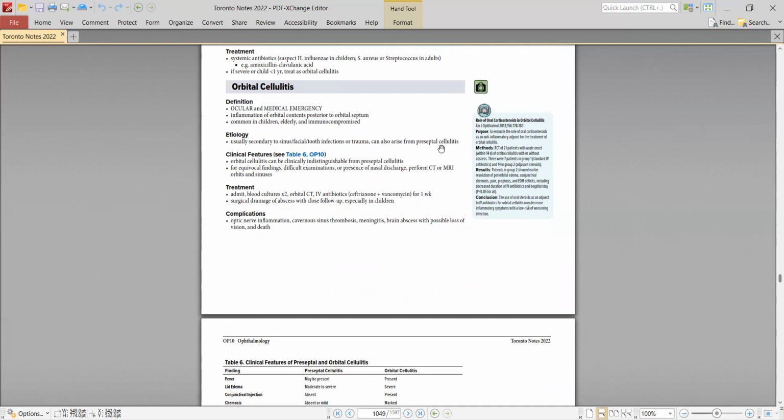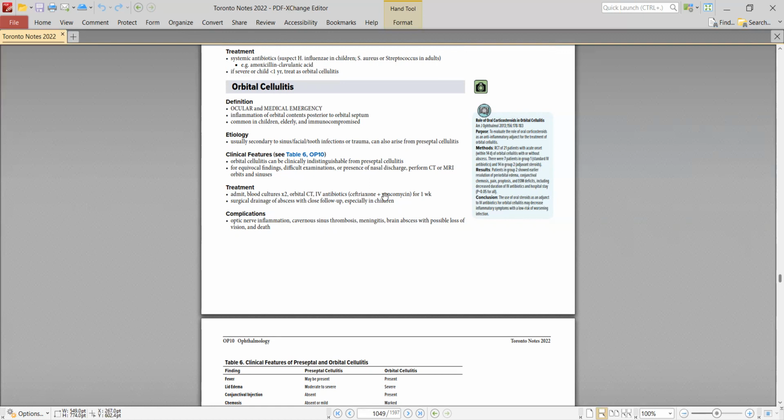It can also arise from preseptal cellulitis. Orbital cellulitis can be clinically indistinguishable from preseptal cellulitis. For equivocal findings, difficult examination, or presence of nasal discharge, you have to do a CT scan or MRI of the orbit or sinuses.